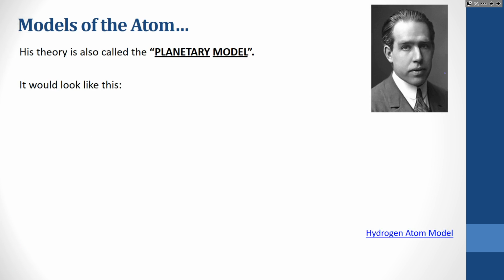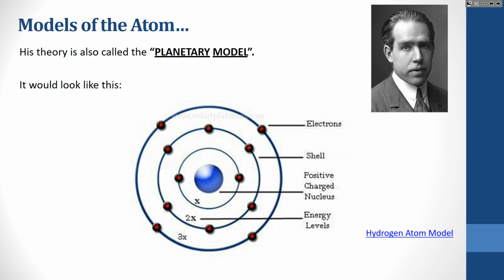So we call this model the planetary model. And his model would look something like this. So you've got your 2 electrons in the first orbit, up to 8 in the second, and then up to 8 in the third. And if we wanted to see the models all together, let's see if this will load up.